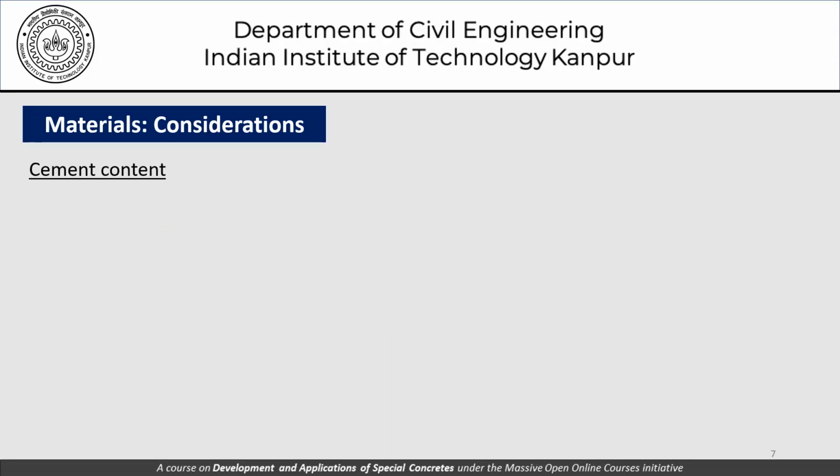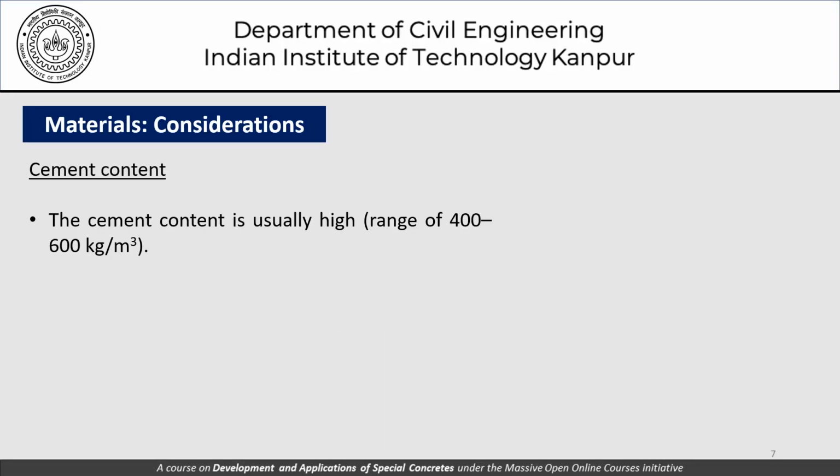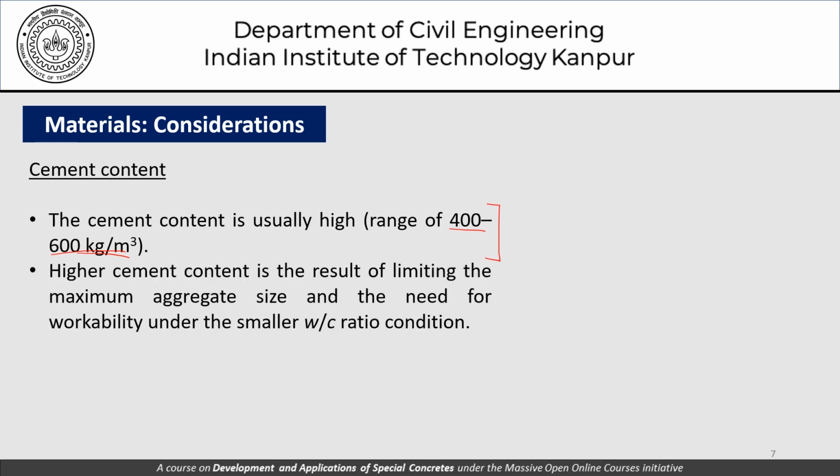Now coming to cement, the cement content is usually very high. It is in the range of 400 to 600 kgs per cubic meter. Please remember that these numbers are much higher than that used or prescribed in specifications for normal strength concretes.